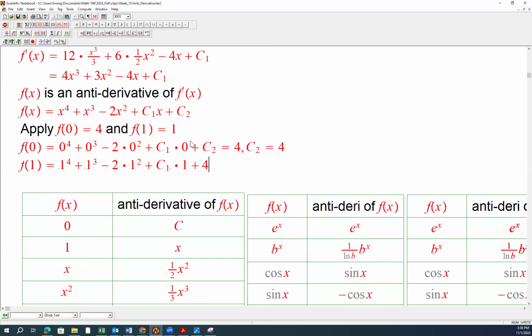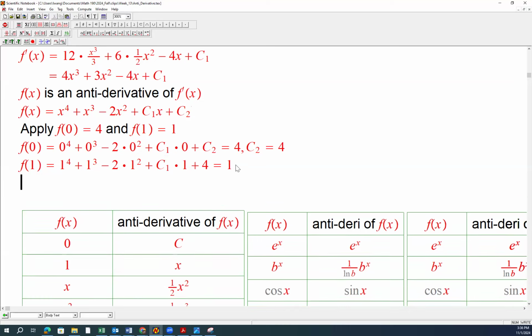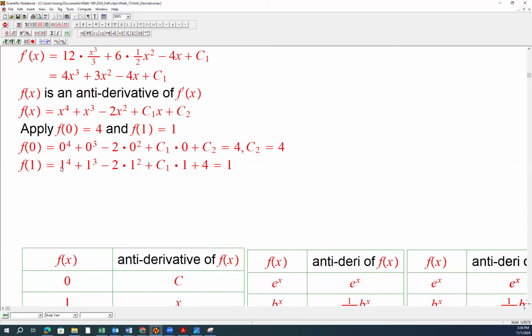F of 1 equals 1. All right? So we're solving for C1. That makes 2. This is a minus 2. So this will be 0. This piece will be 0. So we get C1 plus 4 equals 1.